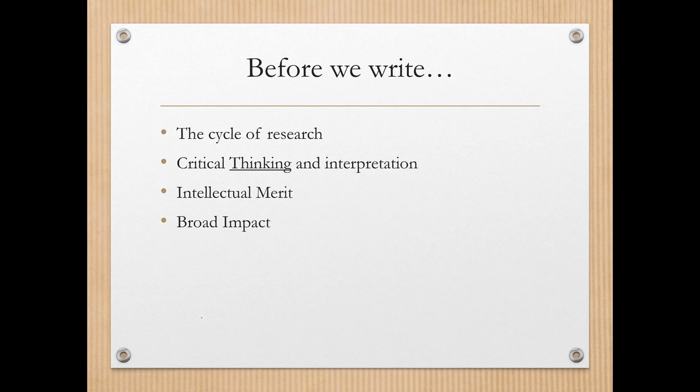We'll talk shortly about the importance of critical thinking and interpretation. So critical thinking is really about questioning everything, and that's what we do as scientists. We'll also talk about intellectual merit and broad impact. So if we want to do high quality science, we have to think about the intellectual merit and the broad impact, the impact of that work to the world at large.